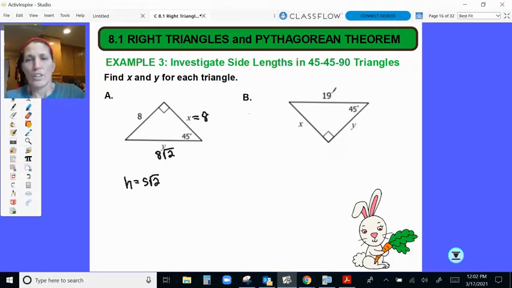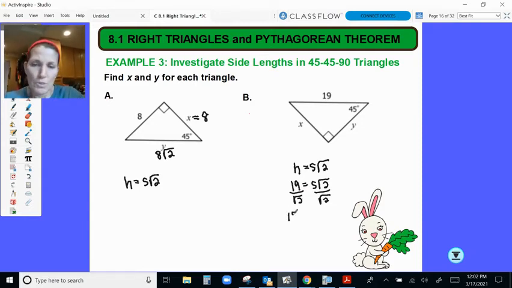Well, this one gives you the hypotenuse. Remember that my hypotenuse is equal to my side times the square root of 2. So if I plug in 19, 19 equals my length of side times the square root of 2, then I can divide by the square root of 2 on each side. Remember from our simplifying that we can't have a square root in the denominator, so we have to rationalize this denominator.